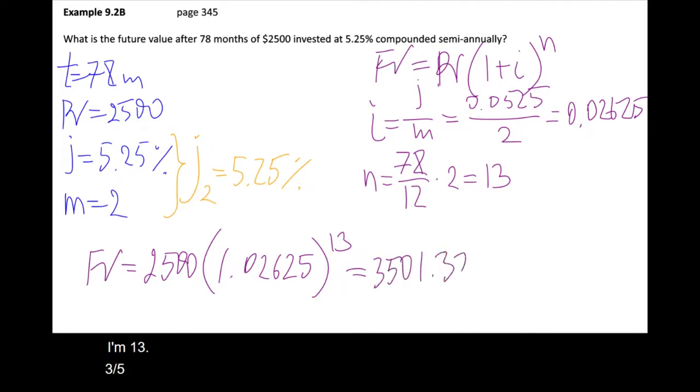Five oh one 32. Please confirm my value. Guys, waiting for your response.